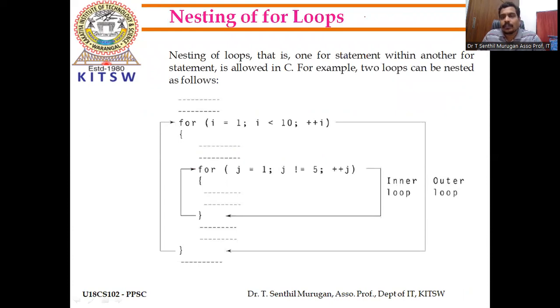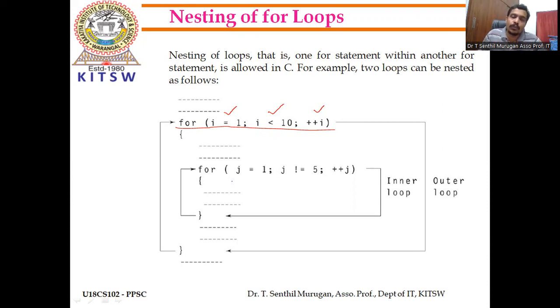So nesting of for loop, how does it work? One for statement within another for statement is allowed in C language. For example, two loops can be nested as follows. Here one for loop is there. This for loop uses the variable i, with initialization, condition, and increment or decrement operator, as per the syntax.